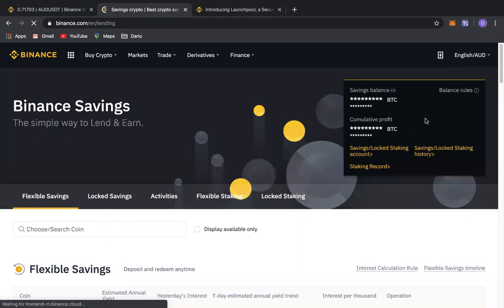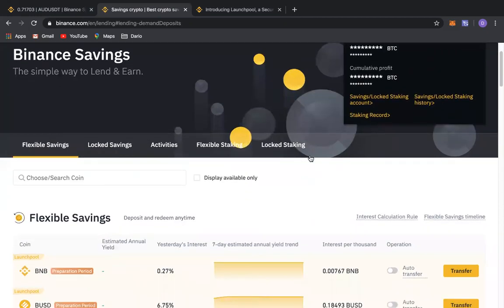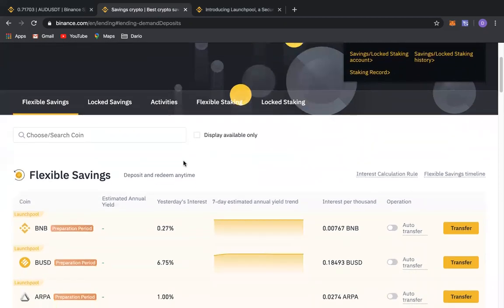You might have to accept some terms and conditions. Basically, you have five main tabs here: flexible savings, lock savings, activities, flexible staking, and lock staking.